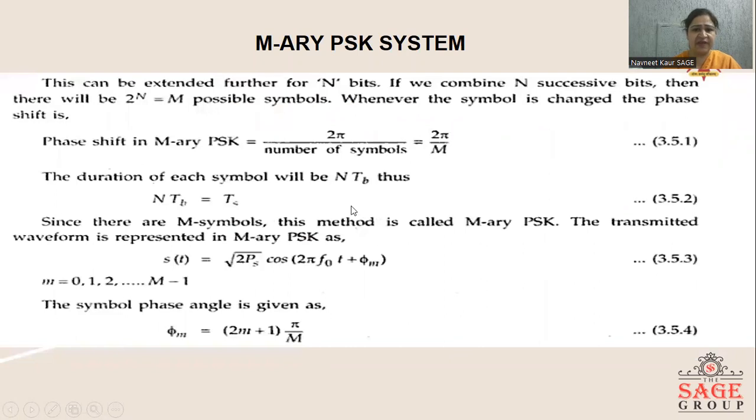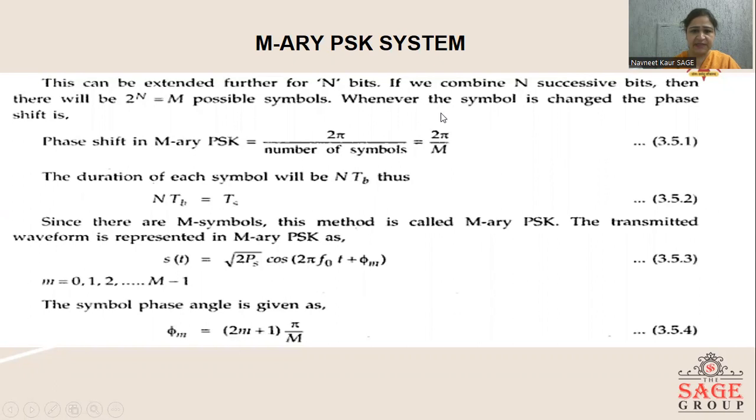Now, in case of M-ary PSK system, we have M possible symbols. Now here, each symbol is made up of capital N bits, such that 2 raised to power N is equal to M, where N is the number of bits in one symbol and M is the total number of the symbols.